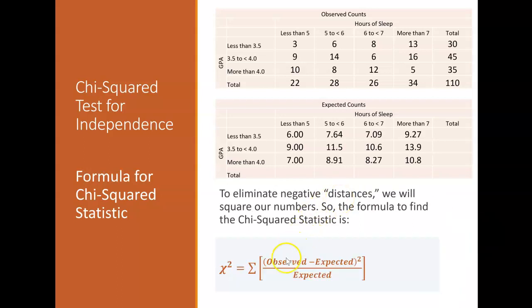So what we're going to do is observed count minus expected count squared divided by expected, and we're going to sum that up for each cell. So like 3 minus 6 squared divided by 6, 6 minus 7.64 squared divided by 7.64, and we're just going to keep adding these up over and over again.